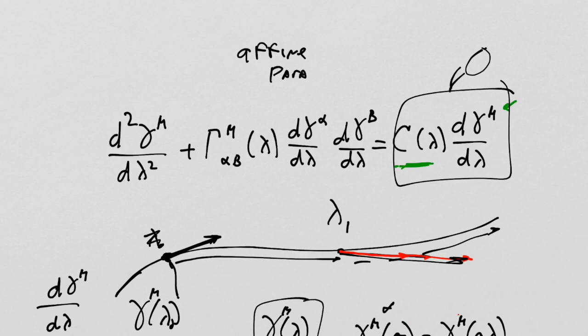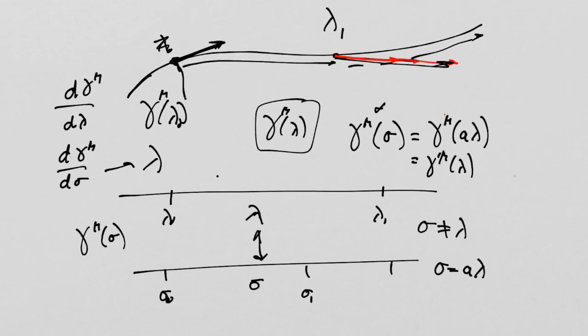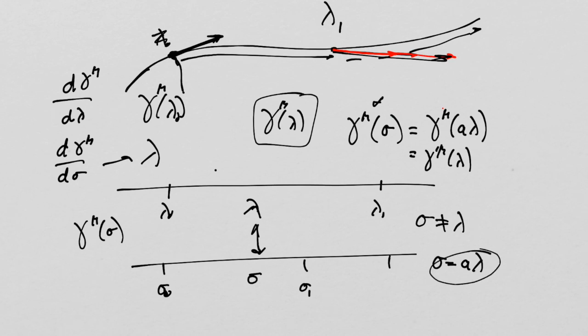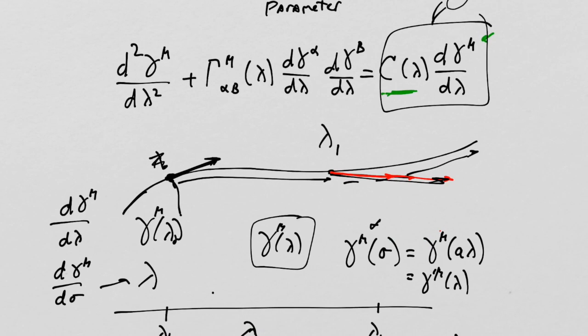By the way, the relationship between an affine parameter and an arbitrary parameter is much more complicated than this. In fact, that's not going to cut it. You're not going to be able to do that for a general case. So let's study how to make the transformation between lambda and sigma such that we can eliminate the right-hand side of this expression.